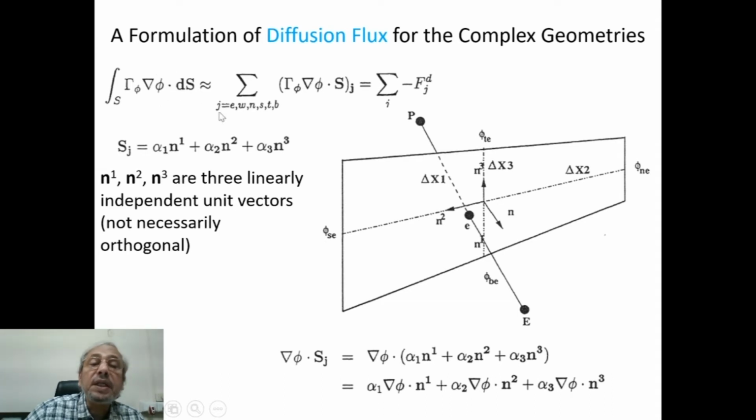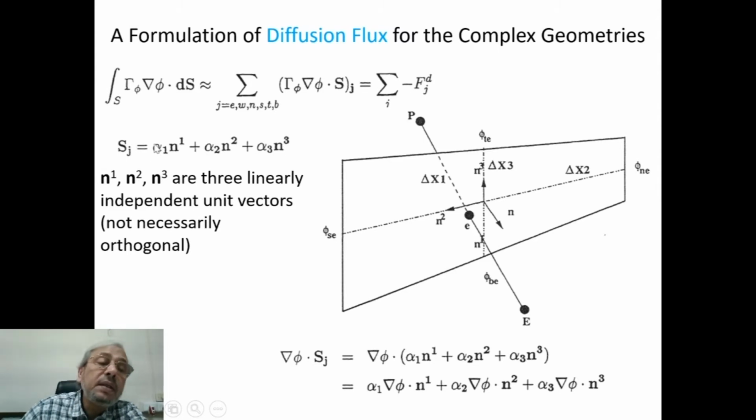So dot dS. We have already written this, capital gamma phi grad phi dot S over j, integration over all the confining surfaces j that we are evaluating.